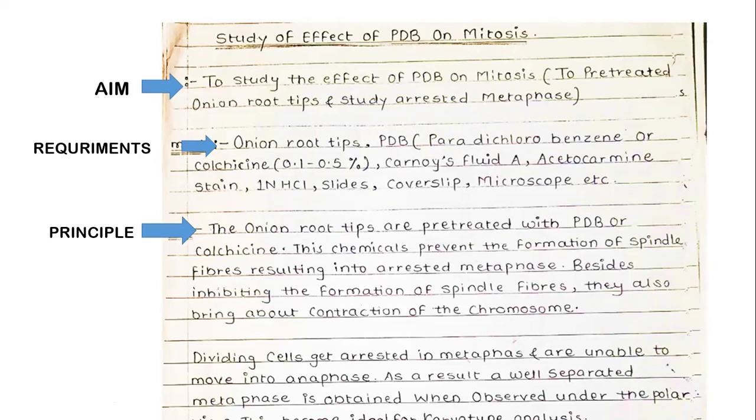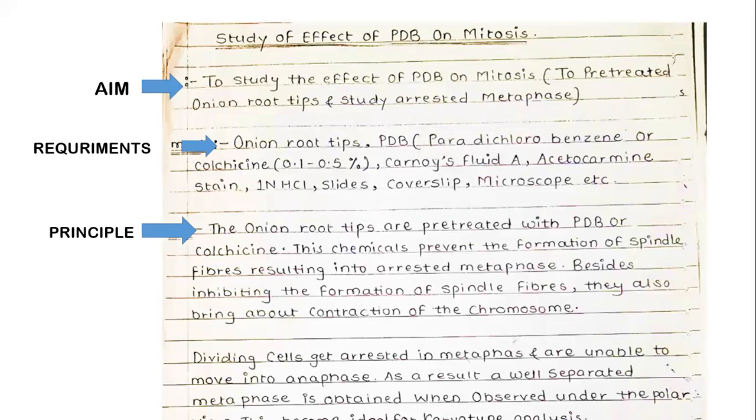The dividing cells are arrested in the metaphase stage and are unable to move to anaphase. As a result, we get a well separated metaphase which is observed in the polar view in the karyotype analysis.